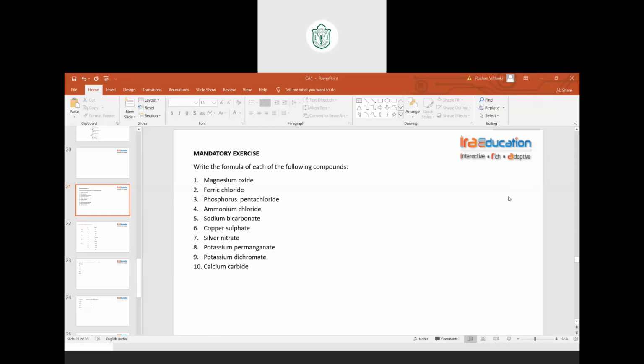I just gave the names. Write the formula for each and every compound, and find the oxidation number for all the metals.